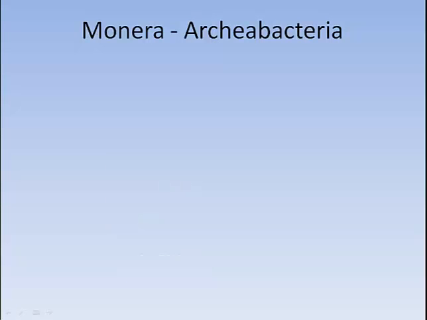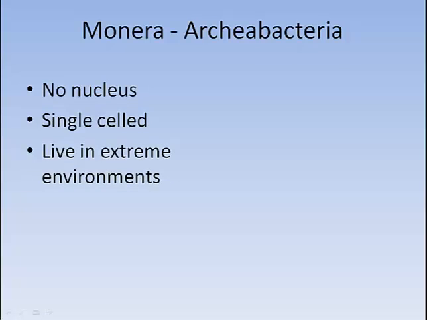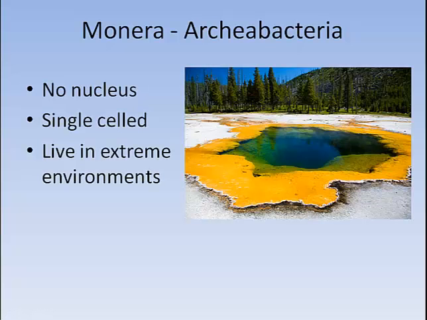Monera includes 2 major groups, one called Archaebacteria. Archae means ancient, very old. Bacteria have no nucleus, they're single-celled, and Archaebacteria live in very extreme environments. Here's a hot spring at Yellowstone National Park.